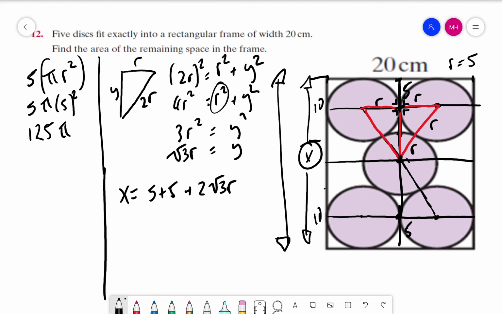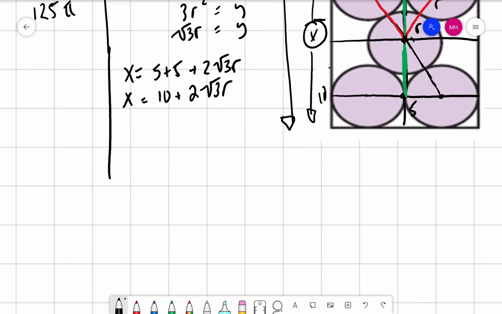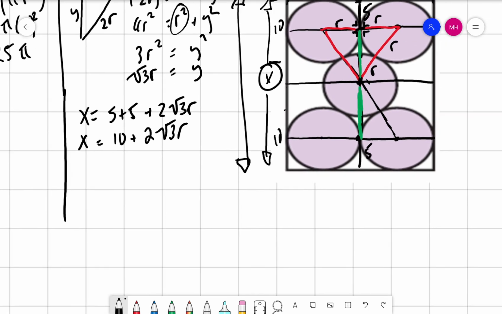There's one of them, and there's the other, so we've got 2 of them. So x equals 10 plus 2 times the square root of 3r.